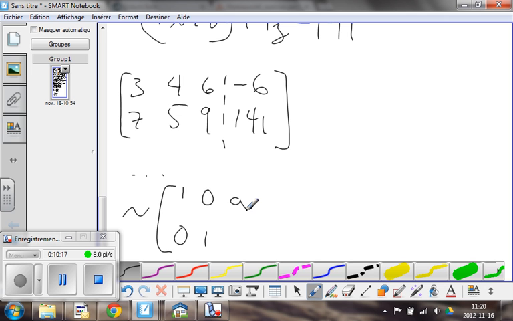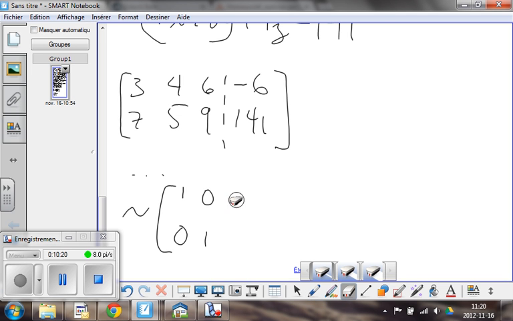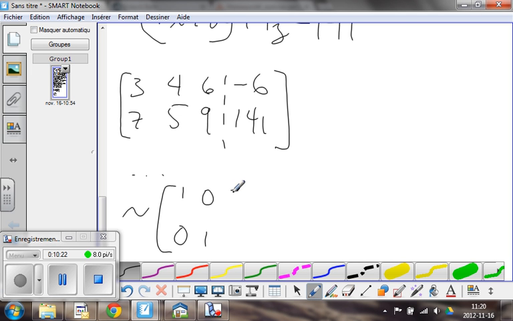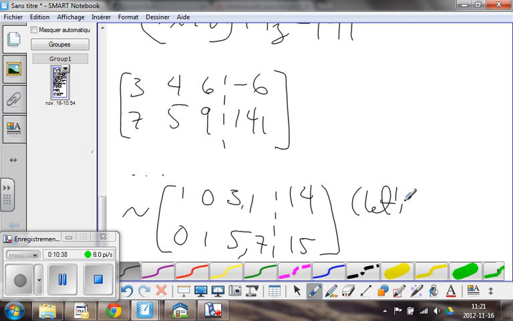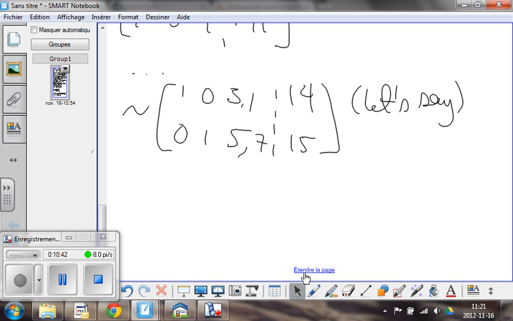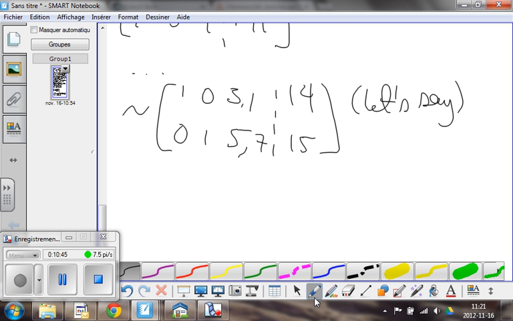A number, I don't know what it is. Let's pretend it's 3.1, and that's 5.7. Other numbers, 14, 15. I'm just pretending. We're nearly there. This you write back into the shape of a system.